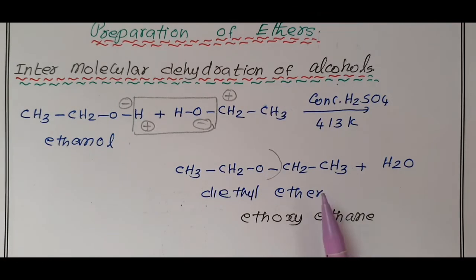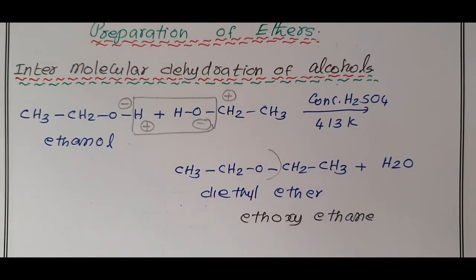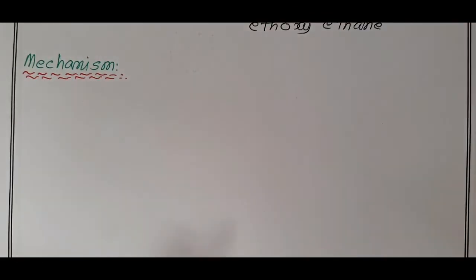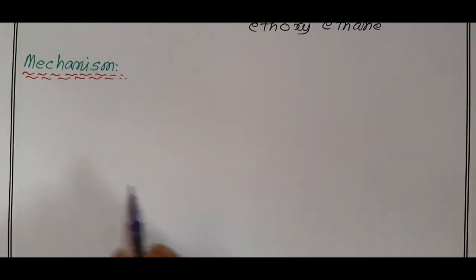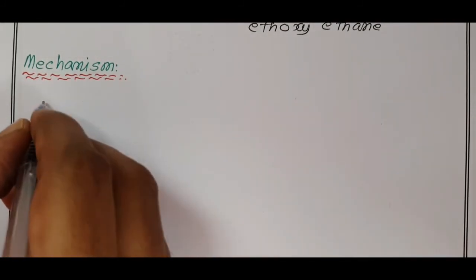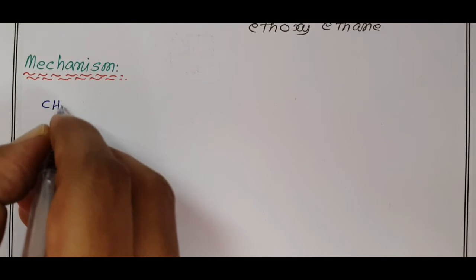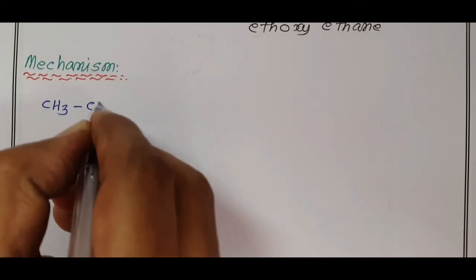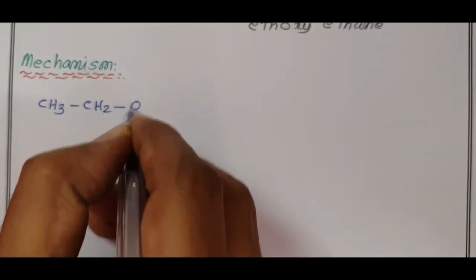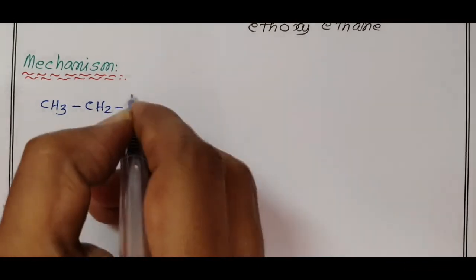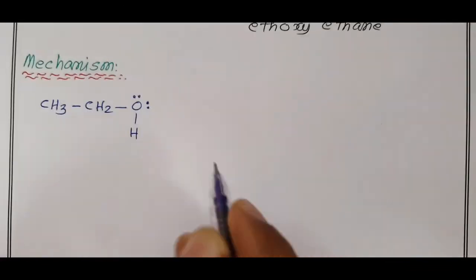Now we are going to discuss the mechanism of this reaction, the mechanism of intermolecular dehydration. One molecule of ethanol, CH3CH2OH. Oxygen has 2 pairs of electrons.